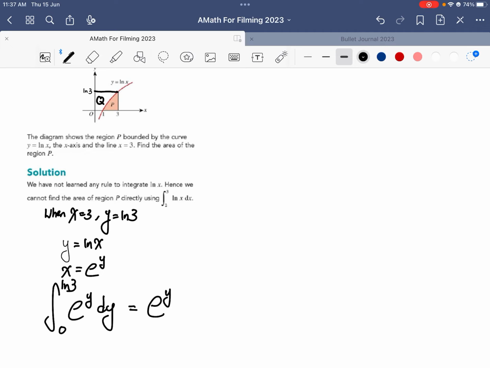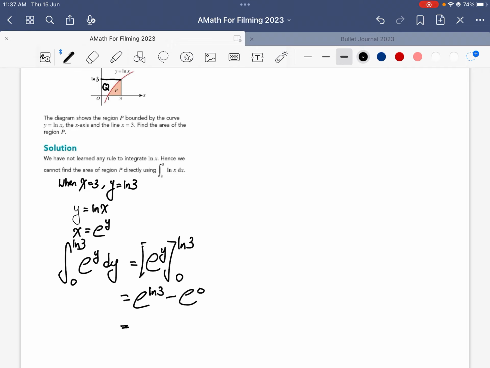Integrating e to the power of y, you differentiate y is 1, so you get back the same thing. The limits are ln 3 to 0. e to the power of ln 3 gives you 3, e to the power of 0 gives you 1. So you get 3 minus 1, which is 2 unit square.